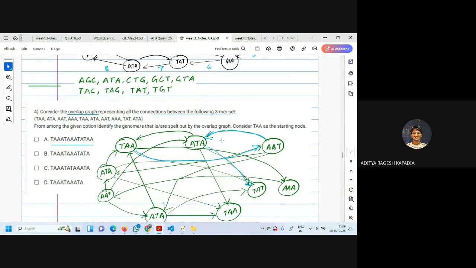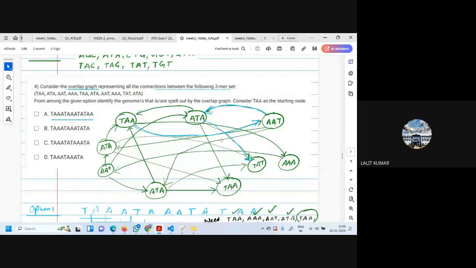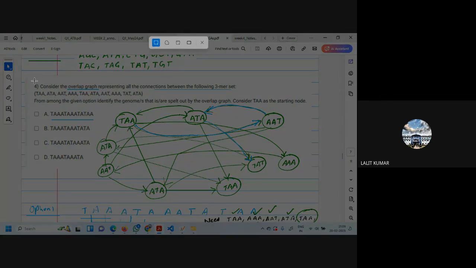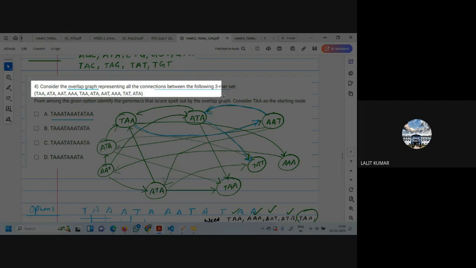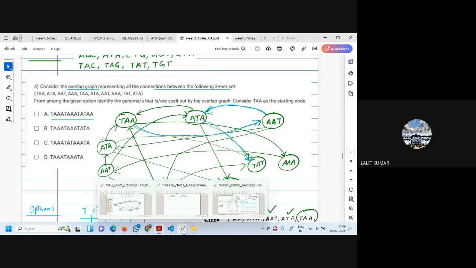Okay. So now this is also an interesting question, again on the same concept which we just saw. This is also an overlap graph, so overlap graph again we will build.